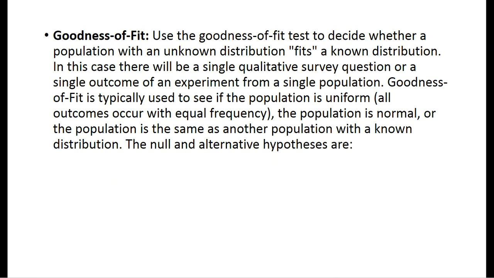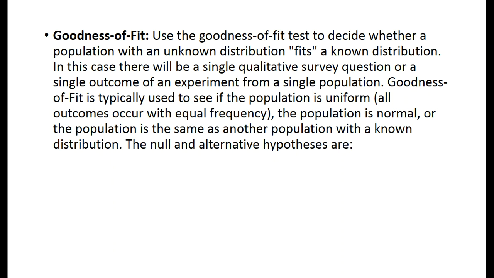We're going to use the goodness of fit test to decide whether a population with an unknown distribution fits a known distribution. In this case, there will be a single qualitative survey question or a single outcome of an experiment from a single population.